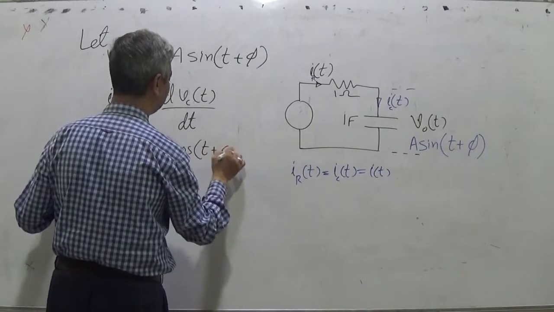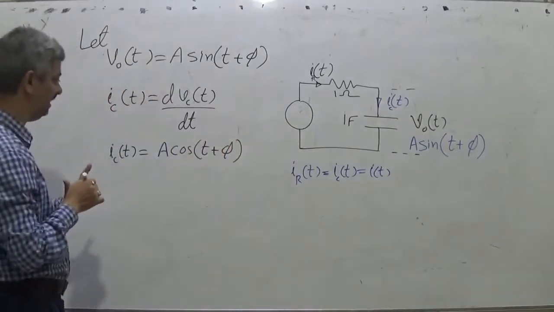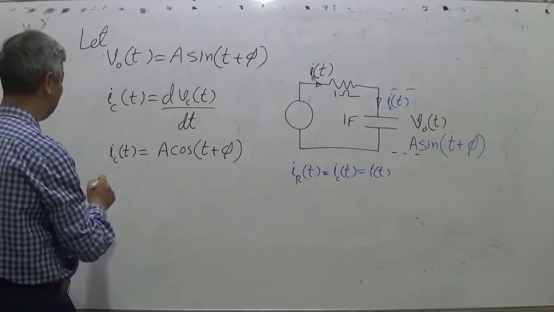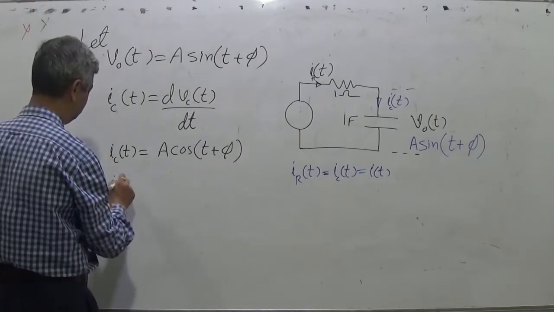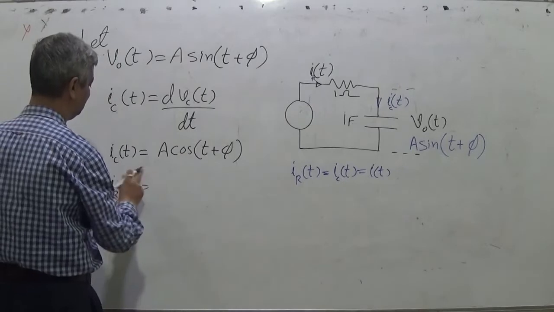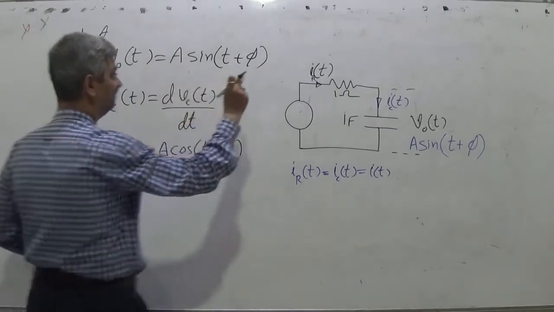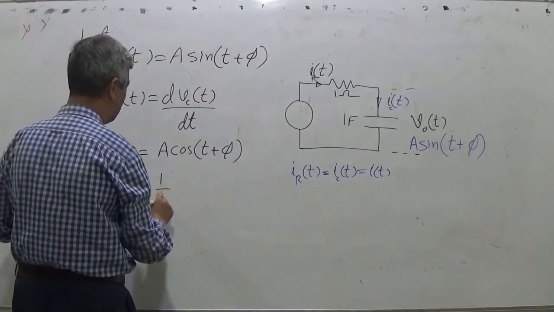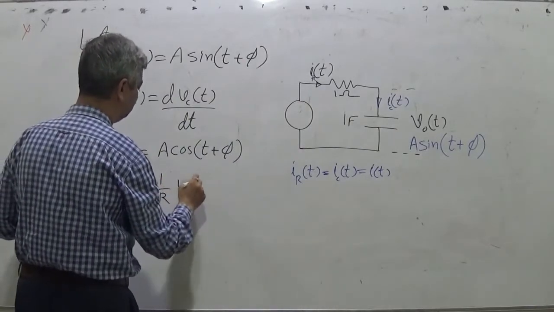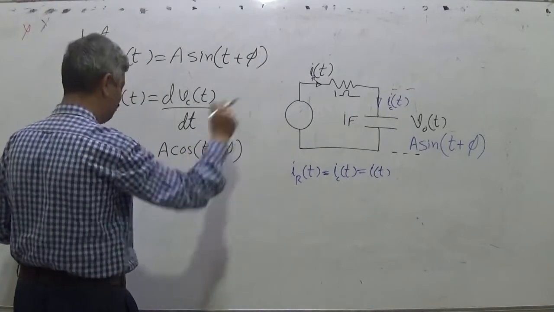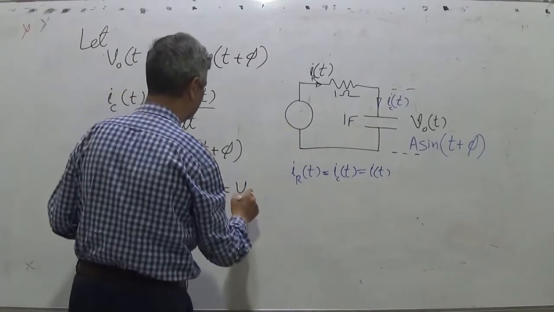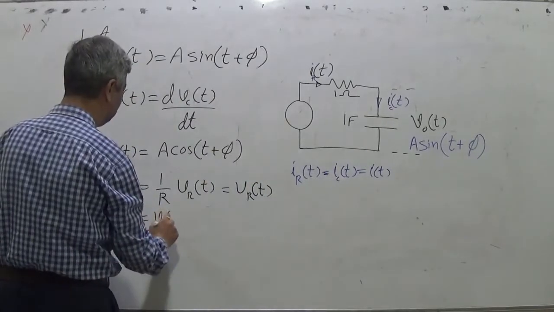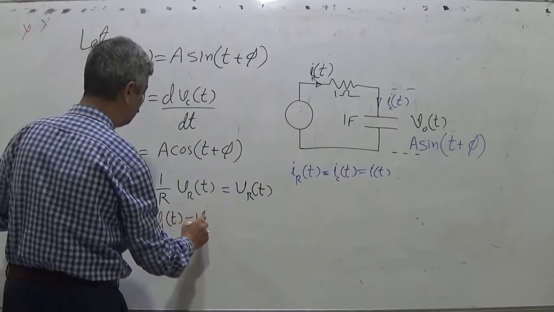What is i_R(t)? The current i_R(t) I can write as 1 upon R times v_R(t). What is R? R is 1. So that is v_R(t). What is v_R(t)? v_R(t) is v_in(t) minus v_o(t).